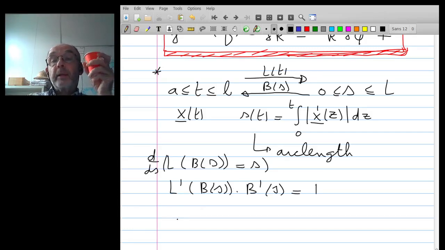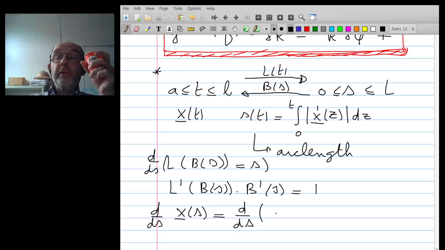Then we have that parameterization. Now, if we parameterize by s, we can calculate the derivative with respect to s, and we can also calculate the derivative with respect to t.